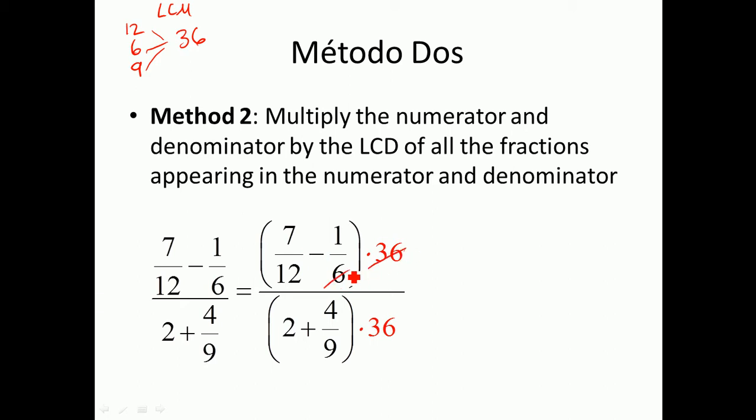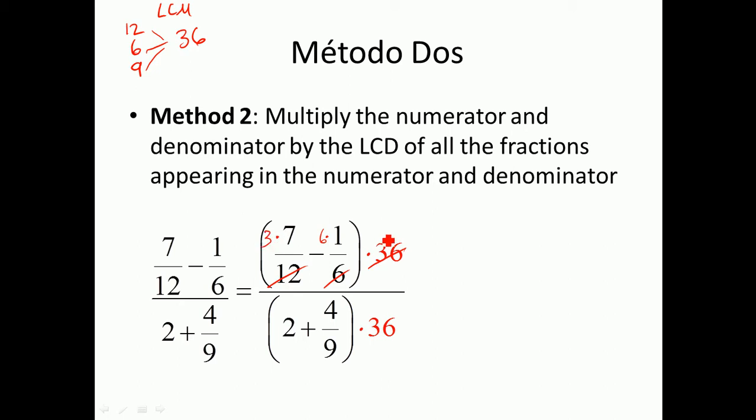The 36 cancels with the 6. However, if you're doing that, you're multiplying this 1 by 6, because that's what's left over after you do 36 divided by 6. Next, that 12 cancels out, and you're multiplying that 7 by 3.